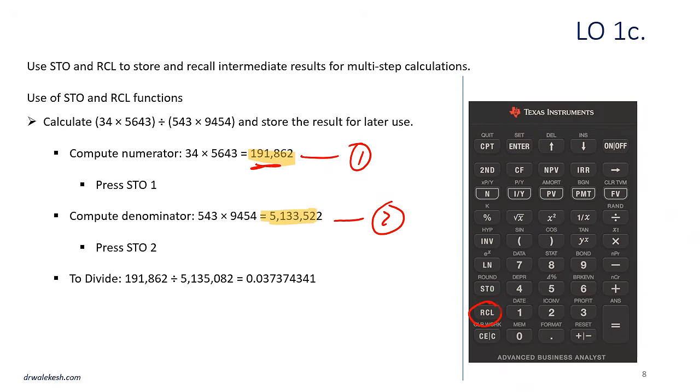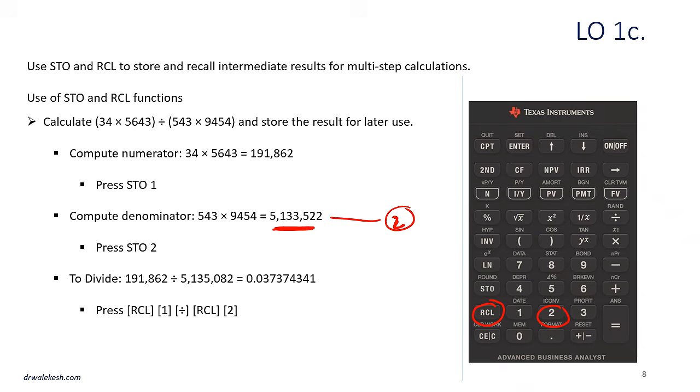So recall 1, so you would press this, and 1, divided by recall 2, since we saved the whole of this on number 2. Upon doing that, I expect your final answer to be equal to this.